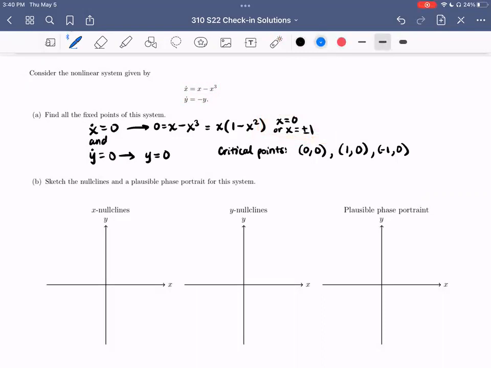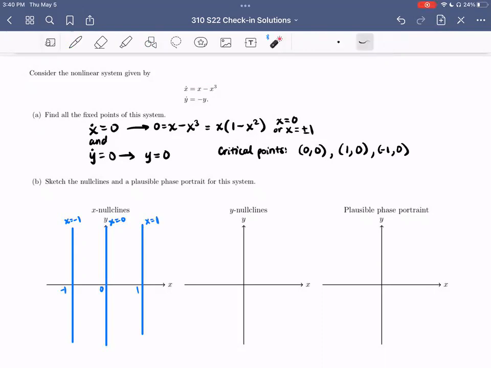So if I go over into my graphs here, I want to sketch the line x equals negative 1, x equals 0, x equals 1. So this is x equals negative 1, x equals 0, x equals 1. Right? y can be anything.